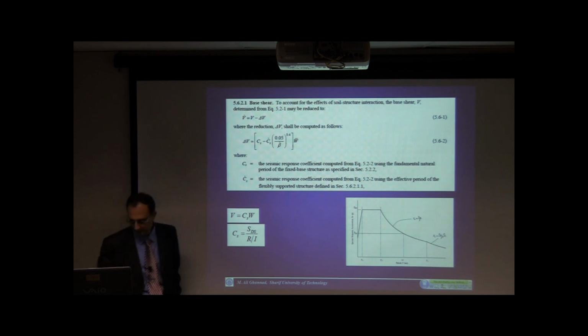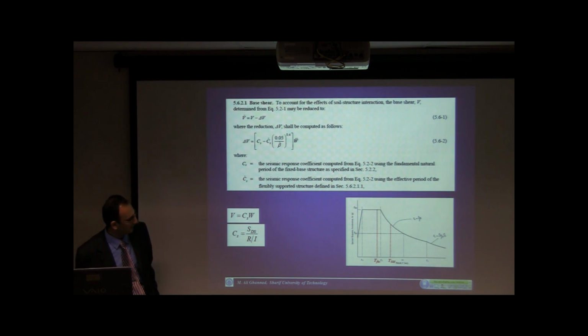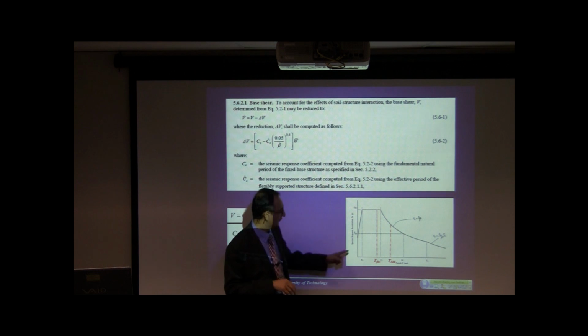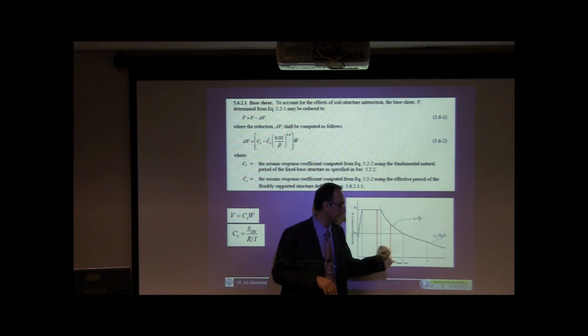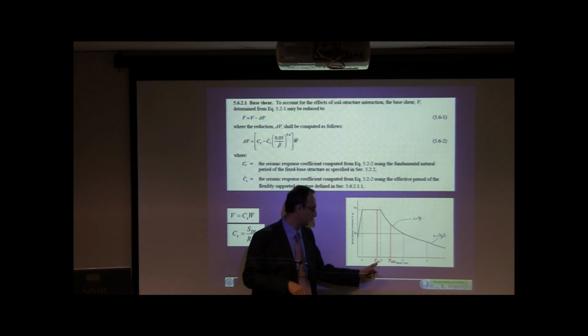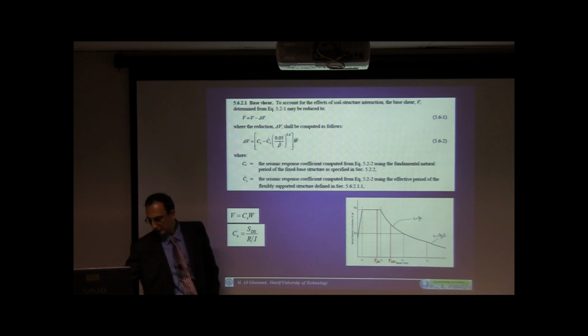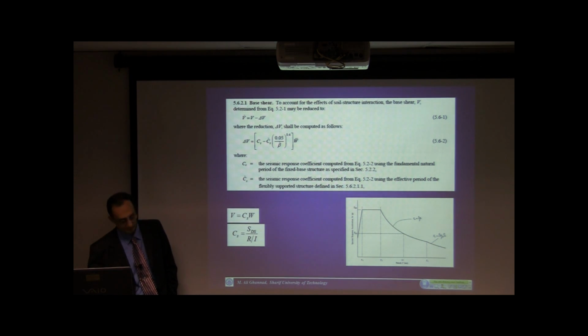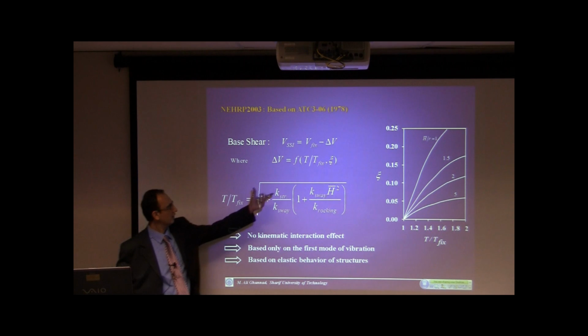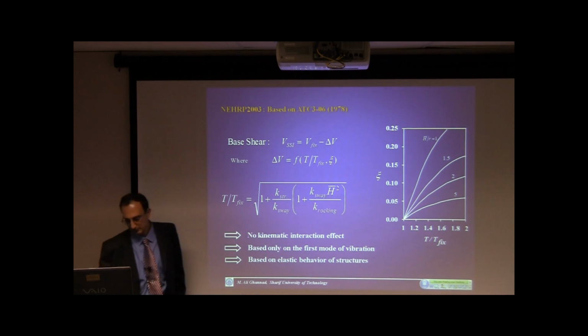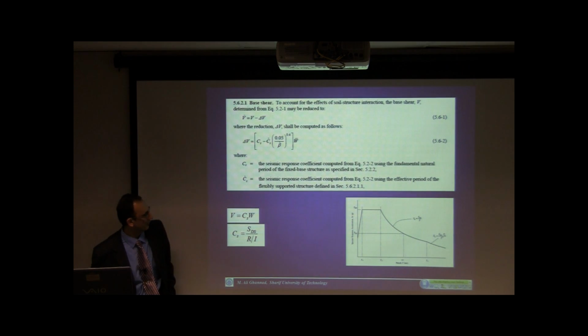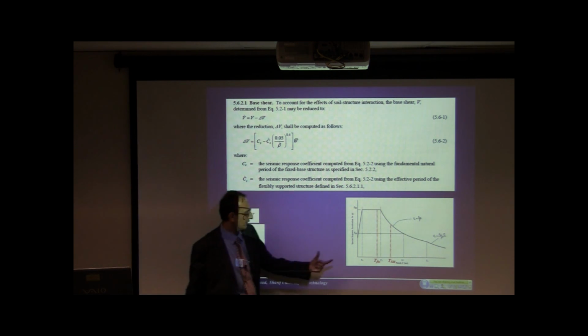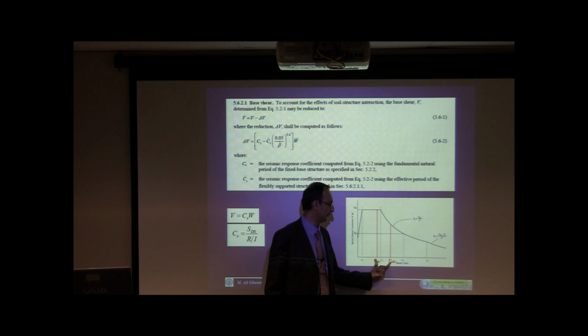I don't want to explain this, just say that it uses the same design spectrum, and it's a function of these two parameters. Here are more details on the change in the periods.